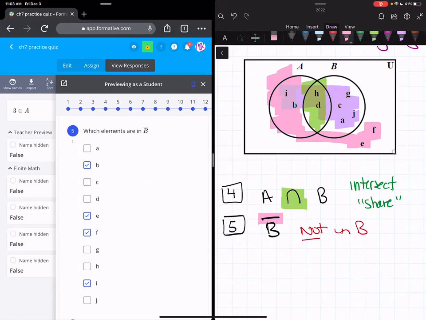Just what isn't in B. 5 is what's not in B. So ignoring the circle that is B, what other 4 things are left? Okay.